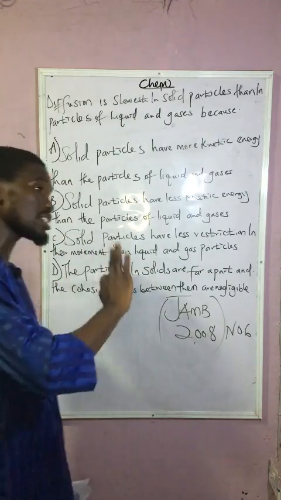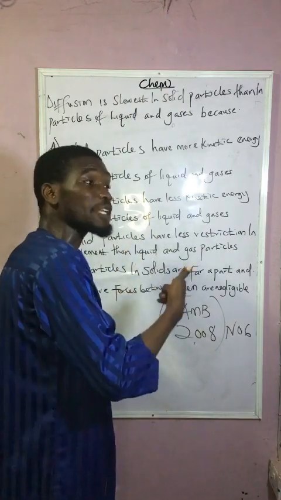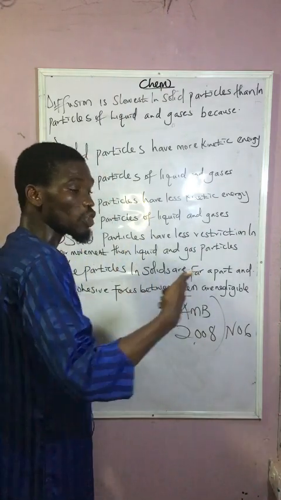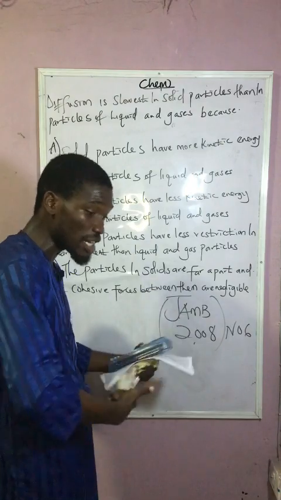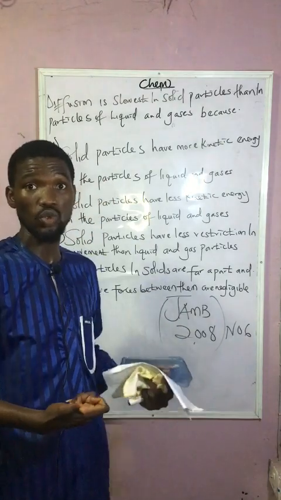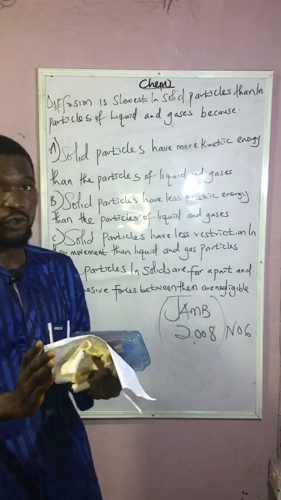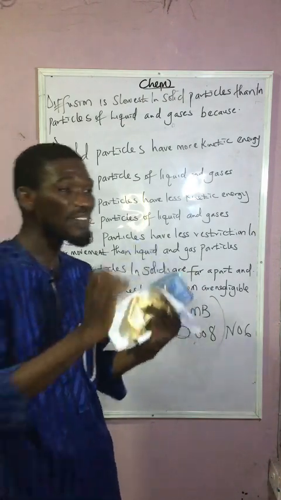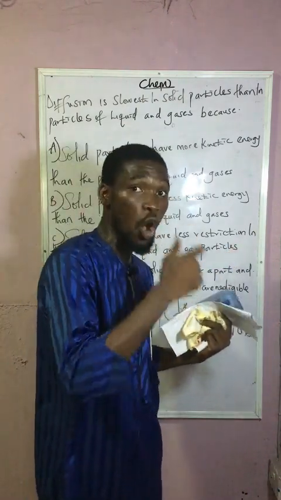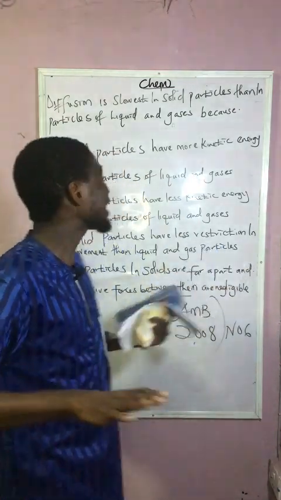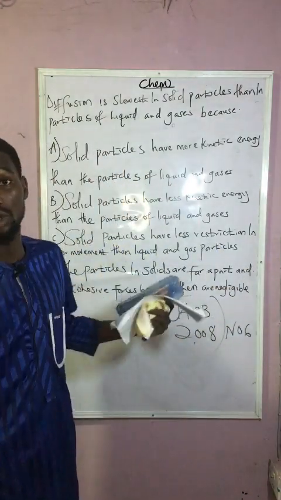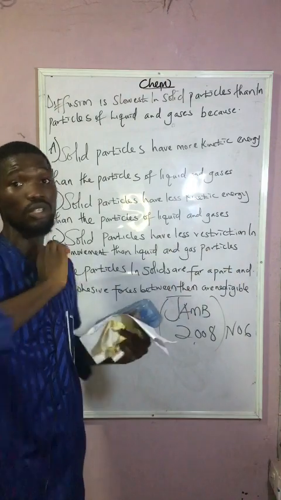When we look at the three states of matter, solid particles have a strong force of attraction. You cannot easily move solid particles because they have a definite shape and a definite volume. For liquid, they have a definite volume but no definite shape. The gases do not have either of the two, no shape and no volume.